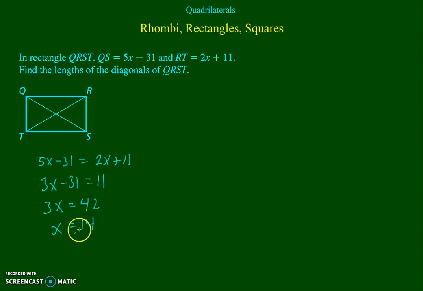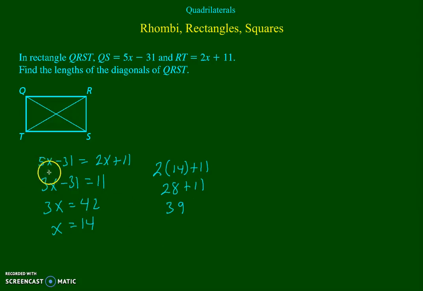So now that we have 14, we want to substitute it into one of these expressions to get the length of our diagonal. It's not necessary to put it into both, but it's not a bad cross-check to make sure that you didn't make a simple mistake. So we have 2 times 14 plus 11, which is 28 plus 11, which is 39.